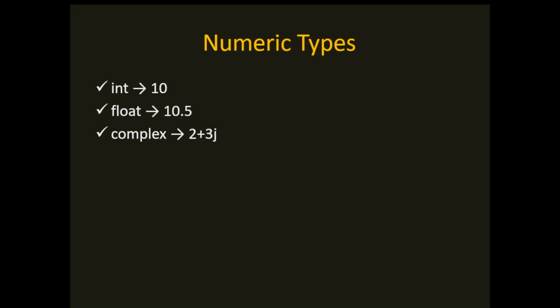It can also be minus 10. Similarly, float will have decimal points, like 10.5. Complex represents complex numbers with a real and an imaginary part. So real is 2 and the imaginary part is 3j. That is how complex numbers are represented.